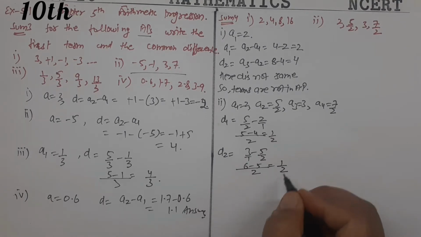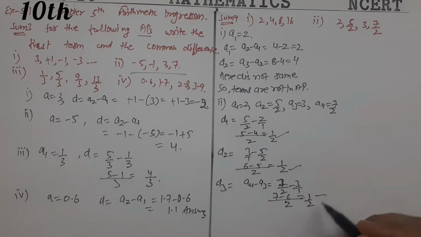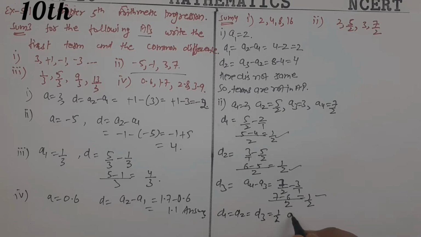It makes also 1 by 2 after taking LCM. d3 = a4 minus a3. It makes 1 by 2. Here d1, d2, d3 are the same. So the terms are in AP.